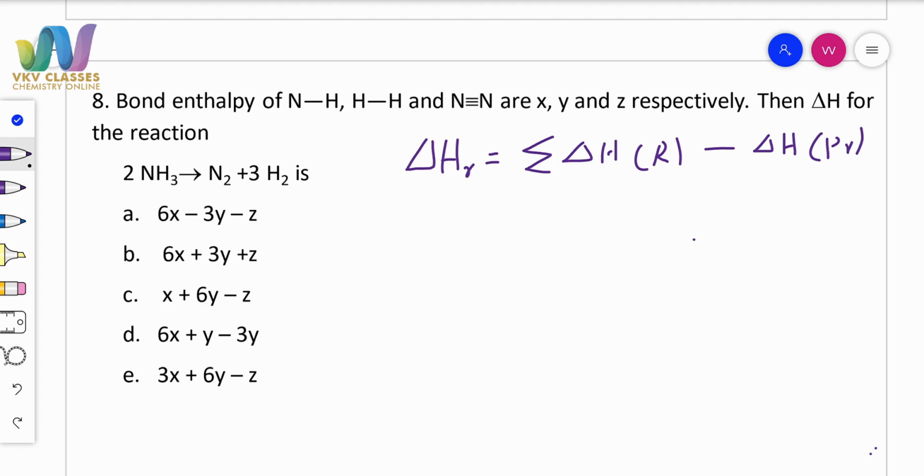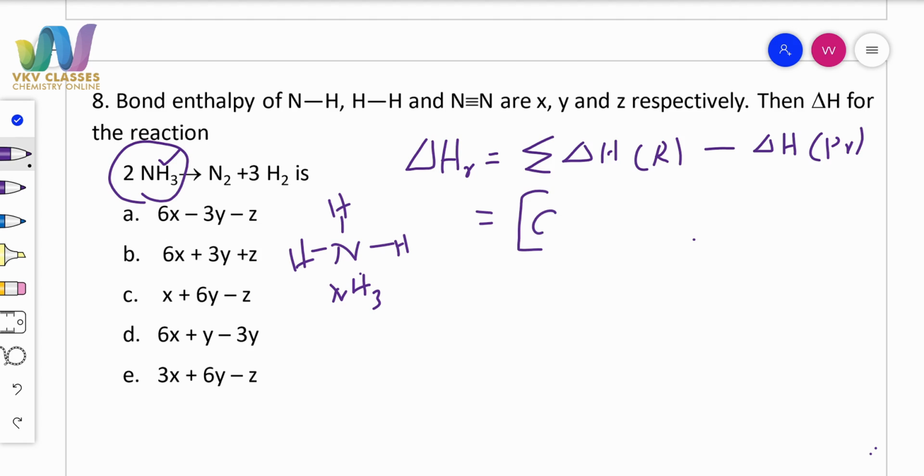For all other things, it is product minus reactant. Now for the reactant you have N–H bonds. In ammonia there are 3 N–H bonds, and totally 6 N–H bonds will be there because there are 2 molecules of ammonia. So totally it will be 6X plus.